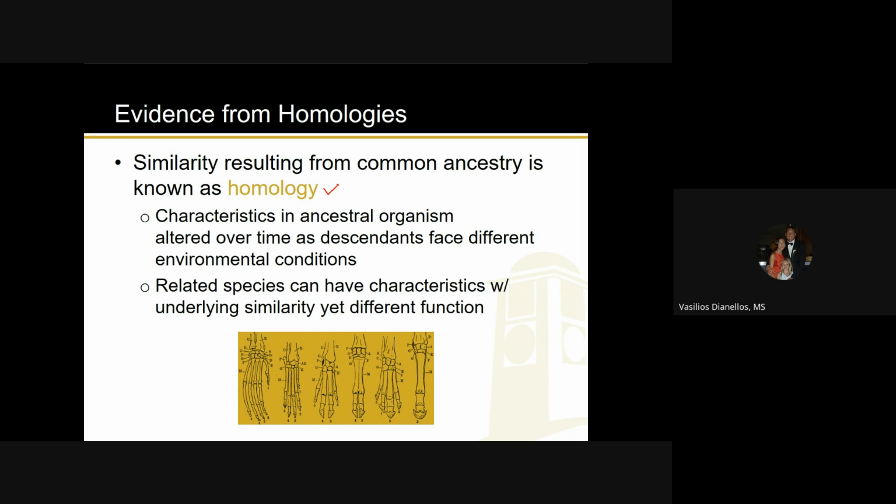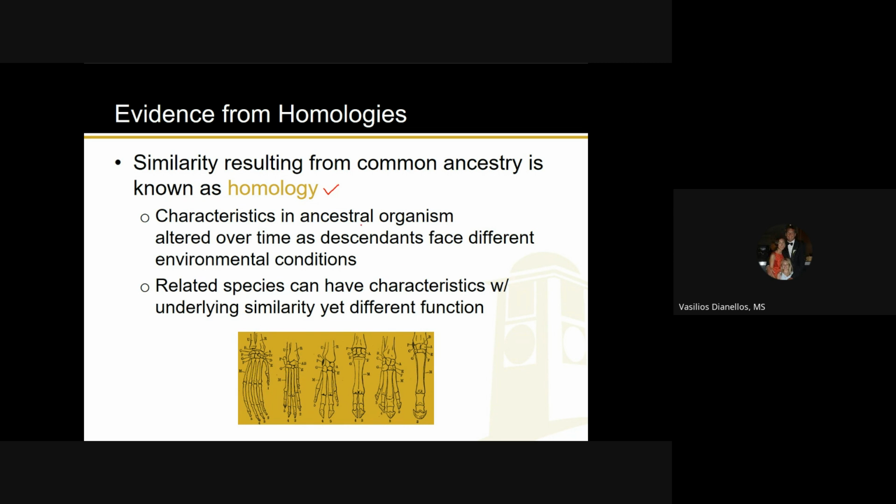And not all animals have 4 limbs, right? Some animals don't have any limbs, like coral, for example. Some animals have more than 4 limbs, like starfish, for example, right? So that is one example of a homology. Not that you need to know that example, but yes, that's what a homology is.